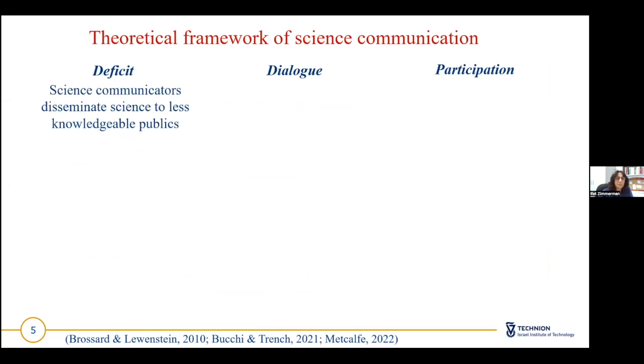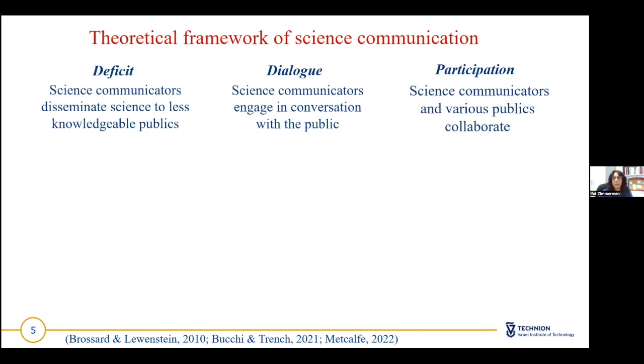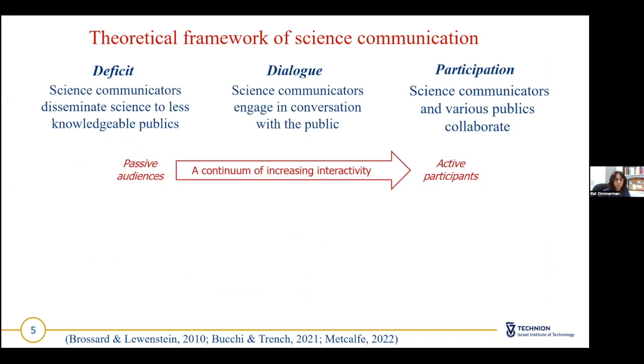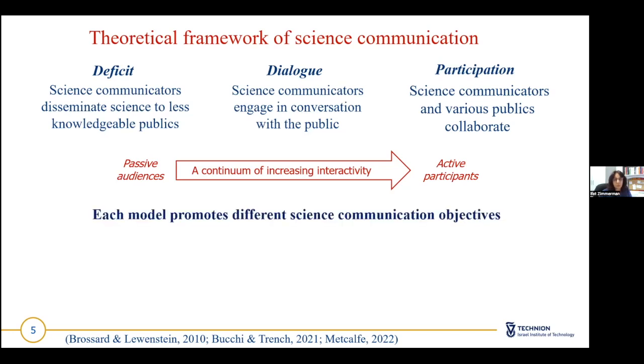The deficit: science communicators disseminate science to less knowledgeable publics. The dialogue: science communicators engage in conversation with the public. And the participation: science communicators and various publics collaborate. These models represent a continuum of increasing interactivity, ranging from passive audiences to active participants.